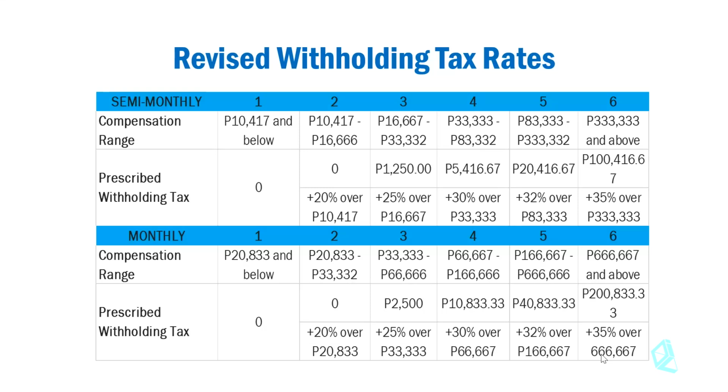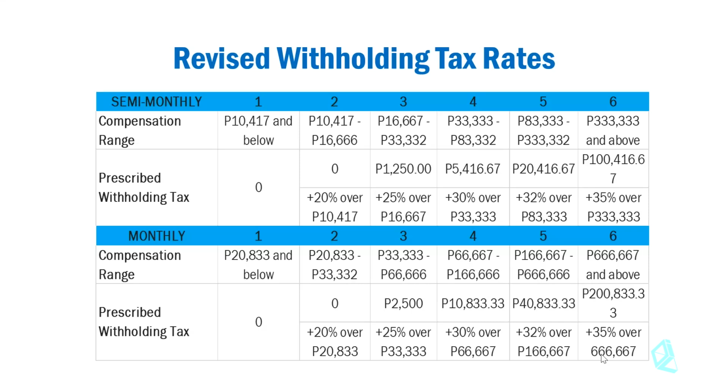You could ignore the numbers on the blue row. So that only refers to the various tax range or tax level. So one is exempt, two is the first tier, which is around 20%. 3 is 25%, 4, 5, 6.